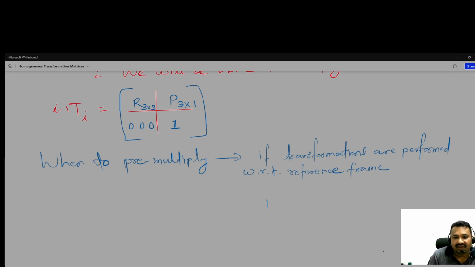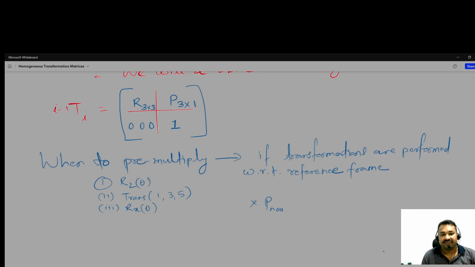Suppose there is a point P and NOA, and some transformations are in order, like first rotation about z of some degree theta, then second one the translation of 1 3 5, then third one like again rotation about x with some angle theta.